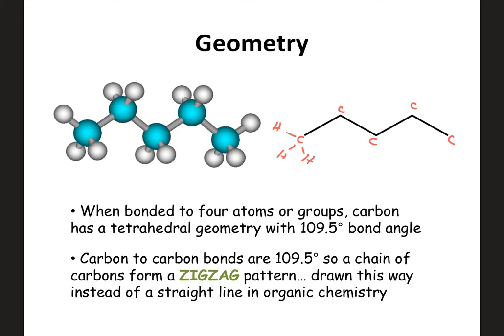Okay, so the carbons on each end are going to have 3 hydrogens attached, but then each of the carbons here in the middle would be attached to just 2 hydrogens, because each of these carbons is attached to 2 other carbons. So that would give a total of 4 bonds here.